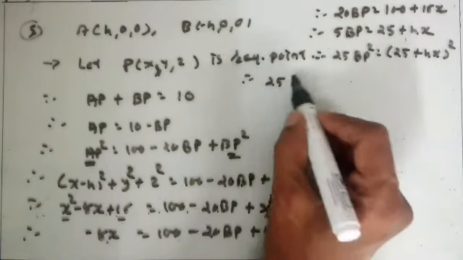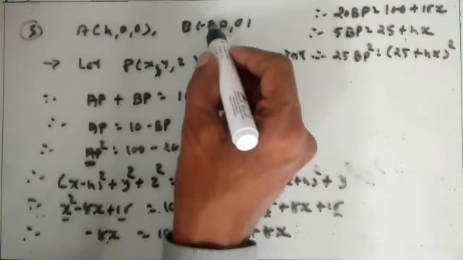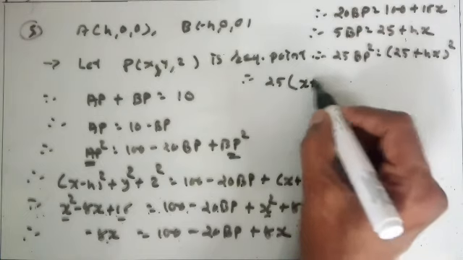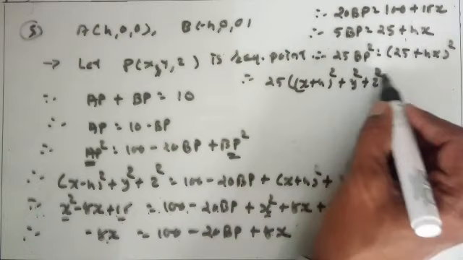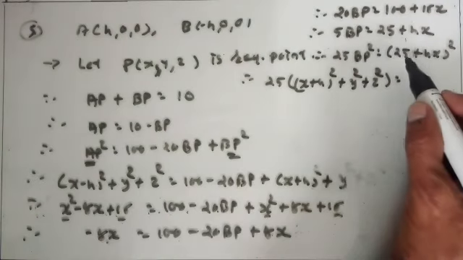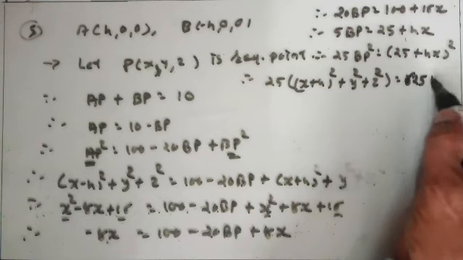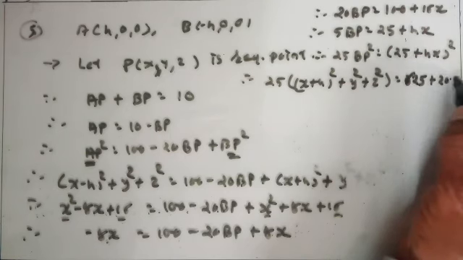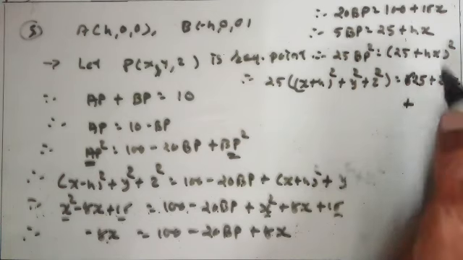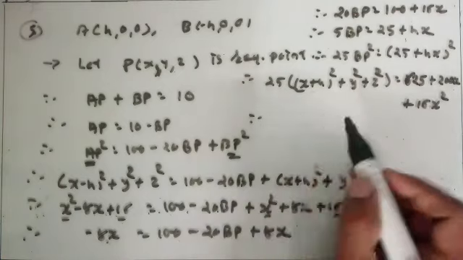So 25 into BP square, where BP square is x plus 4 square plus y square plus z square, is equal to 25 raised to 2, that is 625, plus 2 into 25 into 4x, that is 200x, plus 4x square, that is 16x square. Now simplify this.